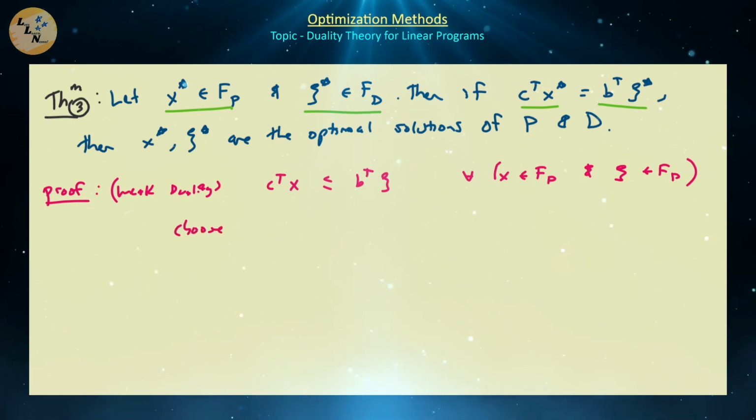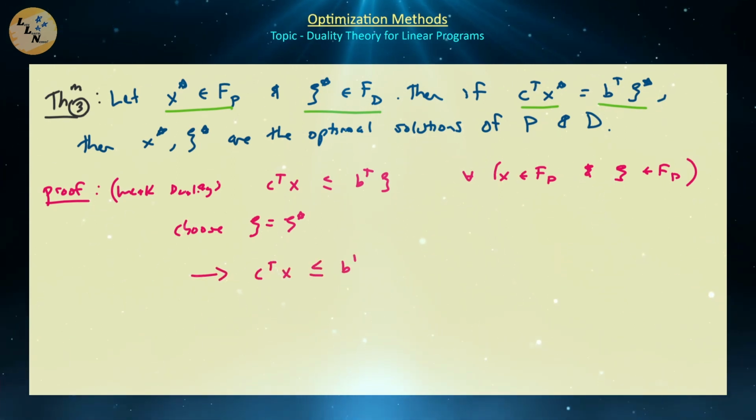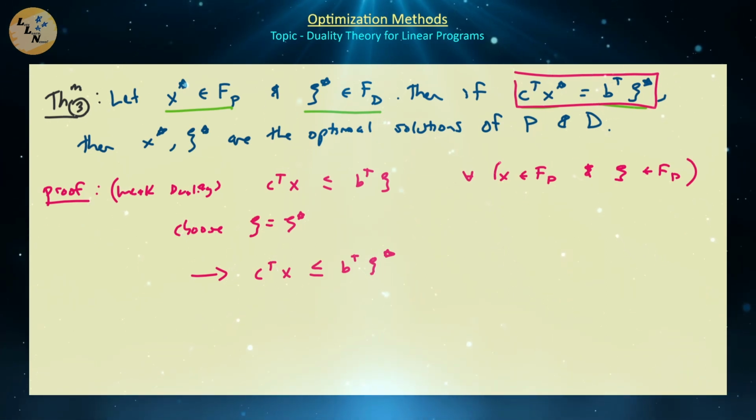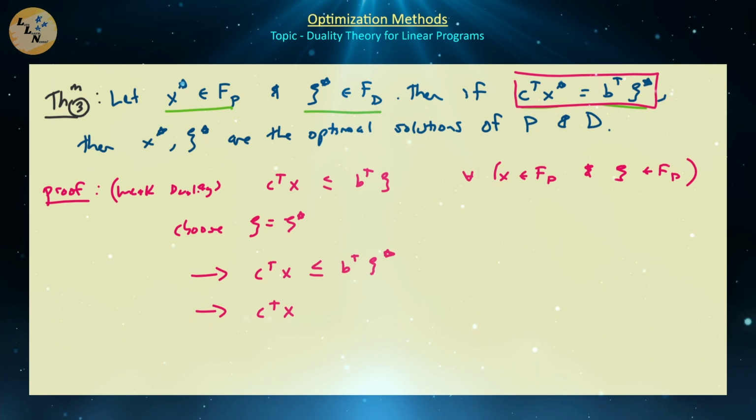So choose psi to be equal to psi star. Since it's true for all, I can choose a particular one. So that means C^T x is going to be less than or equal to B^T psi star. By our assumptions, we know that B^T psi star is going to be equal to C^T x star. So that means we have C^T x is less than or equal to C^T x star.